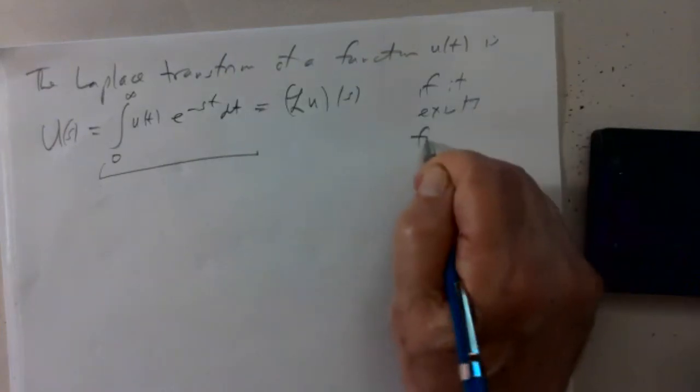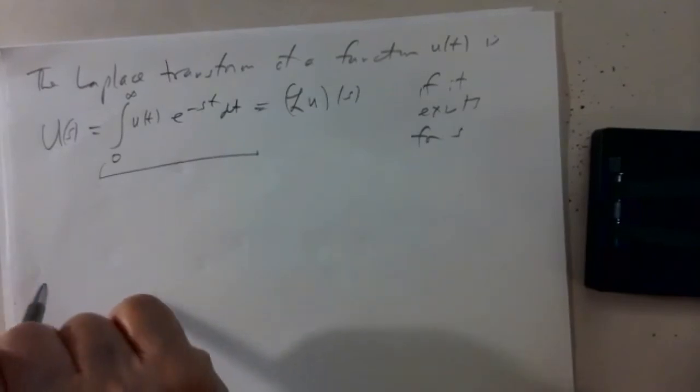Improper integrals don't always exist. So you have to know what conditions on a function will guarantee that this integral exists.